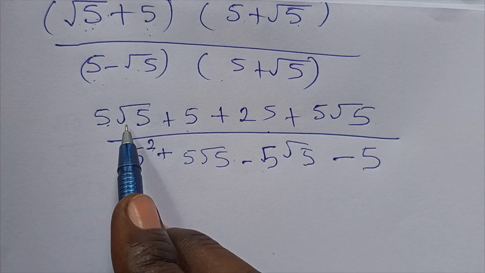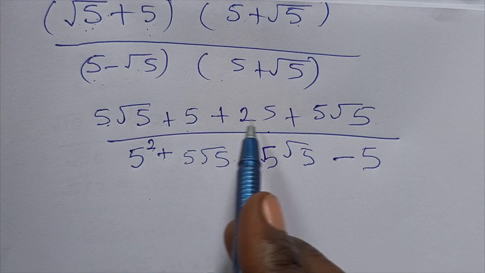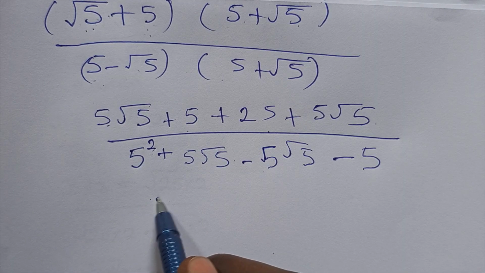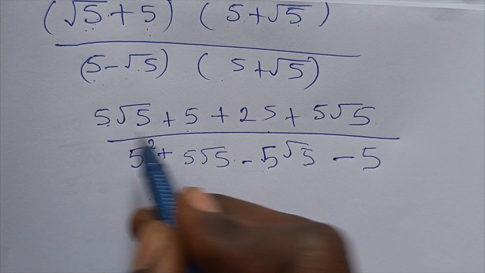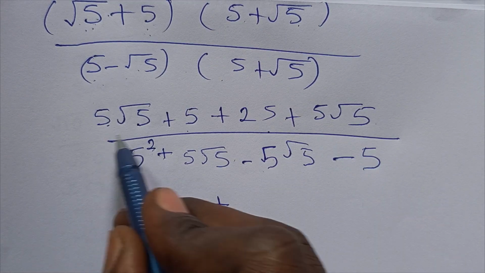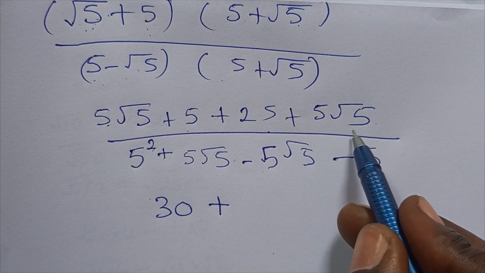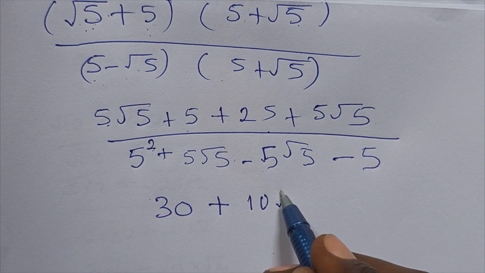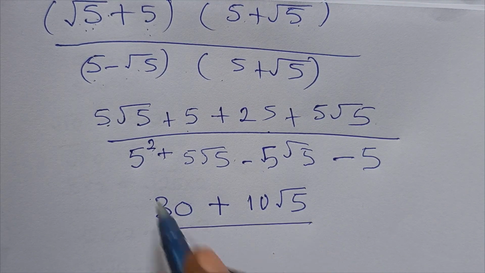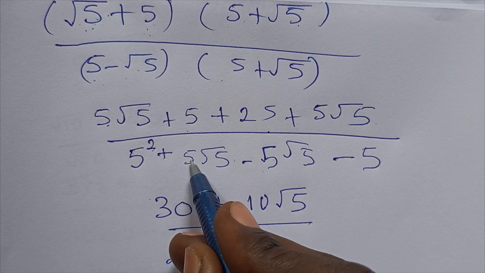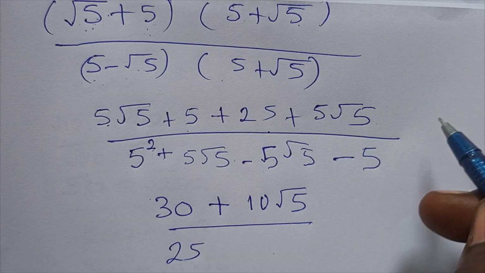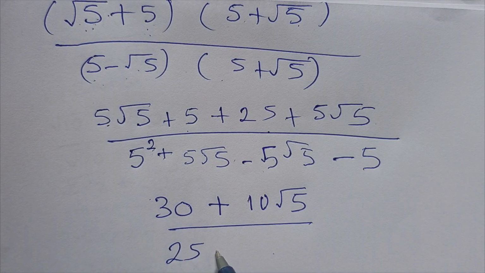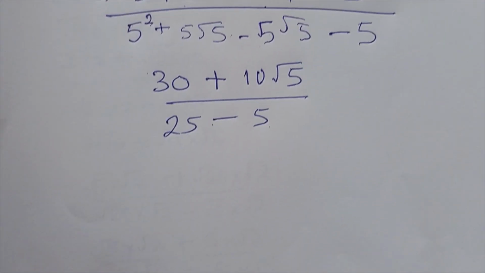We can see 5 can actually add up to 25, which is 30, plus 5 root 5 plus 5 root 5. That's going to give us 10 root 5 over 25. So 5 root 5 minus 5 root 5 we know to be 0, so we don't need to write that. Then minus 5. So this is what we have.